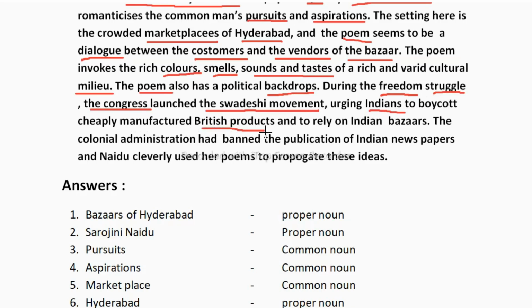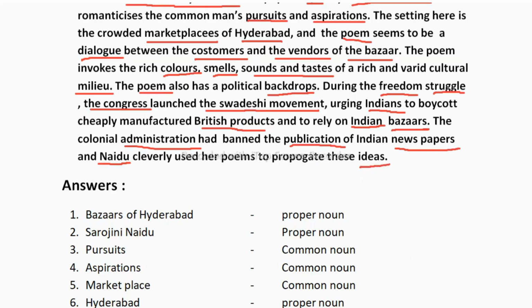These also are nouns. And to rely on Indian bazaars. Here the Indian bazaar is also a noun. And the last sentence: the colonial administration had banned the publication, which is also a noun, of Indian newspapers. Newspapers is also a noun. And Naidu is nothing but Sarojini Naidu, who cleverly used her poems to propagate these ideas. Ideas is an abstract noun.